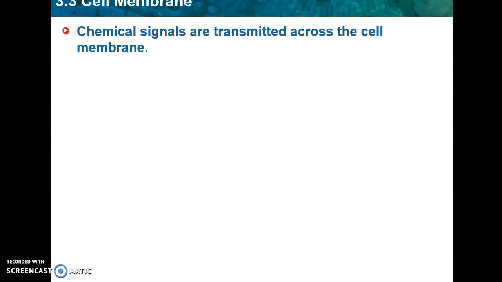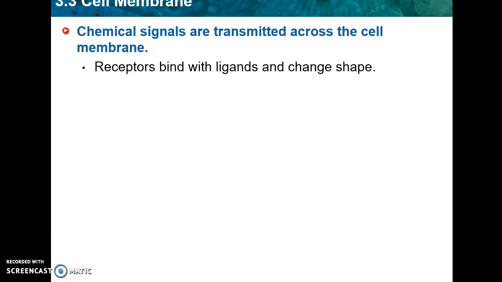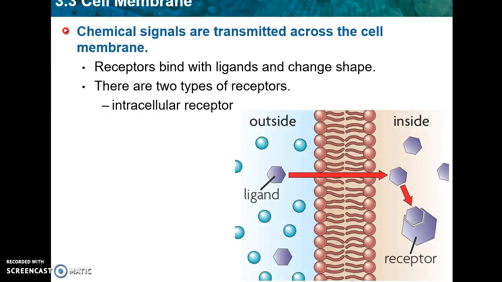Chemical signals are transmitted across the cell membrane. So chemical signals are going to be allowed across. Receptors are going to bind with ligands and change shape. It's going to make more sense when we see a picture of it. There are two types of receptors. There are the intracellular receptors, so it's going to let things move. This is the ligand.